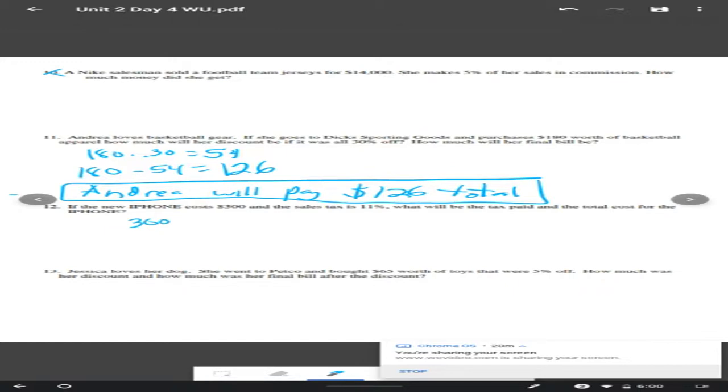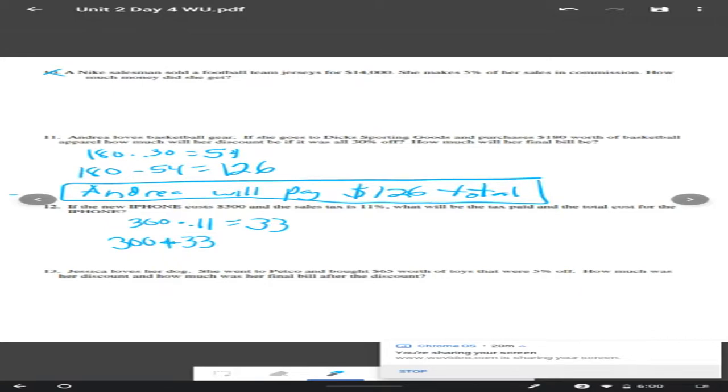The sales tax is 11%. So we multiply those. 300 times 0.11. So in our calculator, 11% is 0.11 if you move the decimal place 2 to the left. And we get $33. So that's how much my tax is going to be. And then the total cost, because we're talking about taxes, we have to actually add the taxes to the total cost.